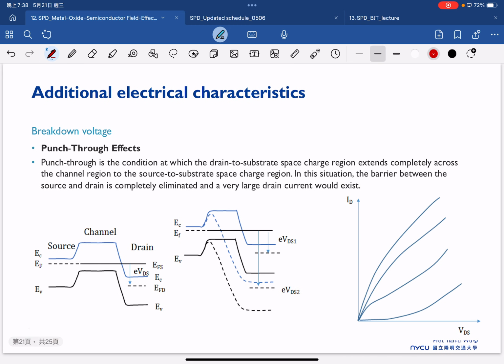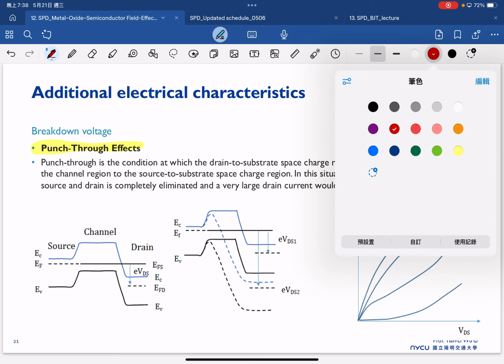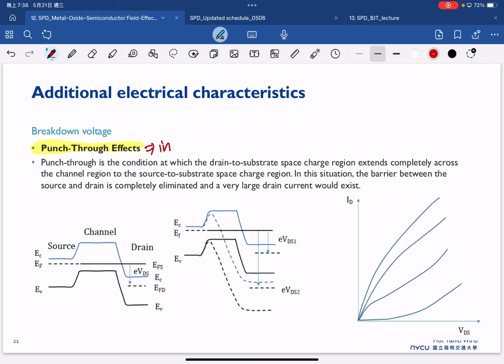Another issue related to breakdown is what we call the punch-through effect. The punch-through effect is particularly important in the case of short channel devices. Punch-through is a condition at which the drain-to-substrate space charge region extends completely across the channel region to the source-to-substrate space charge region.